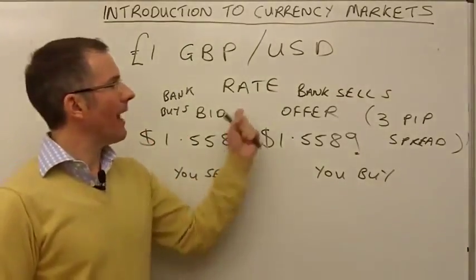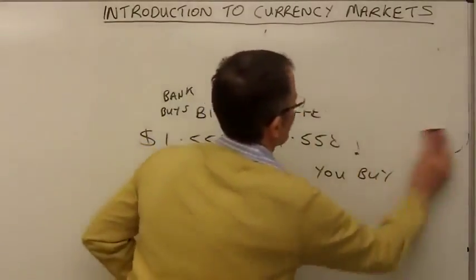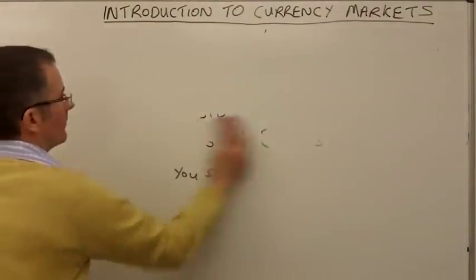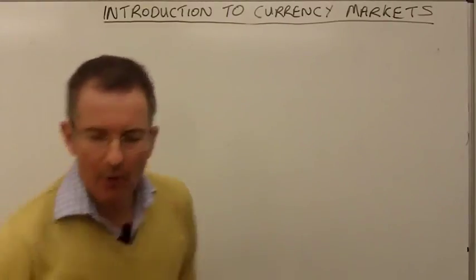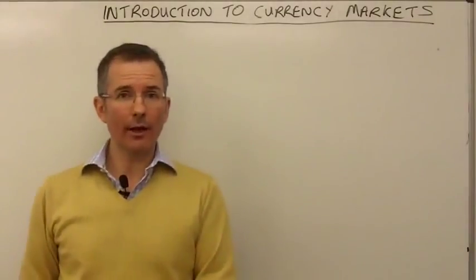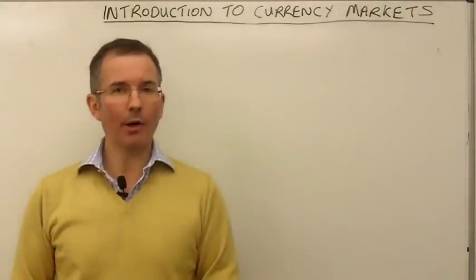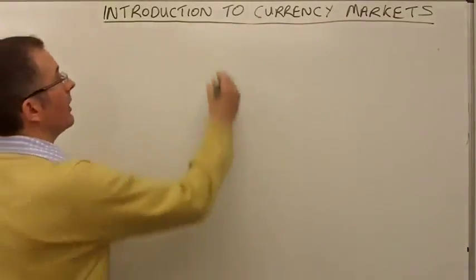what influences that rate? It's all very well saying, well, I now know roughly what it means to buy and sell US dollars using sterling, for example, but why would I? If I was looking to trade, what influences the price of a currency or the exchange rate?